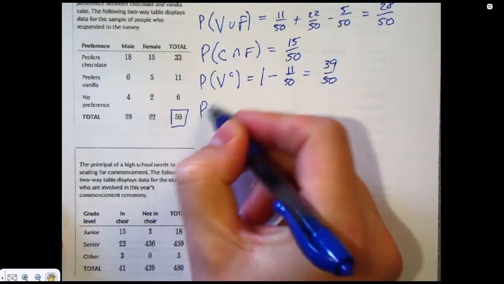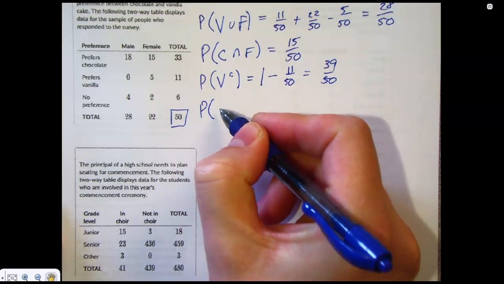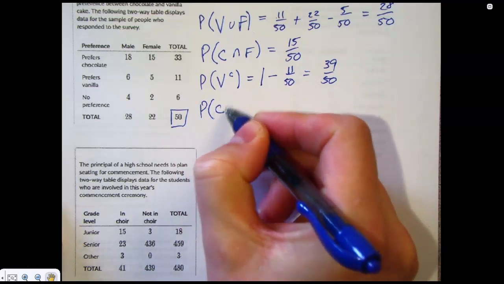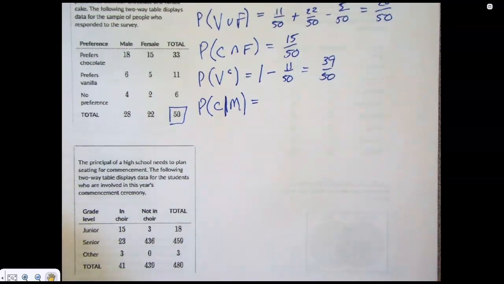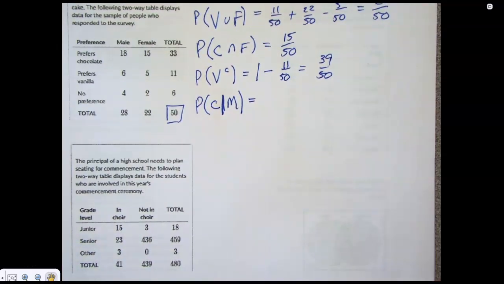Alright, now I want to get into the given stuff. So the probability of, let's say, chocolate given male. There's a line there, not a U. Everything after the bar we know to be true. So I know that I'm only looking at males.